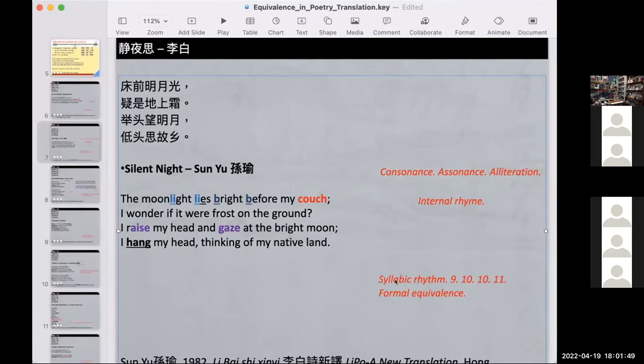Of course, in English there is syllabic rhythm, and there is accentual rhythm, where you follow the meter, like iambic or anapaestic feet, or accents to punctuate the rhythm of the line. And I would say he also used formal equivalence, because he also rendered a very faithful translation, as faithful as he could do.